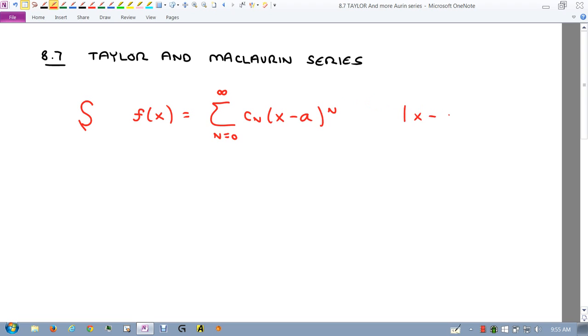Where we also have some radius of convergence. So what we're saying is that you have a function, it can be represented as a power series, and it converges on an interval as opposed to converging at a point only, all right?